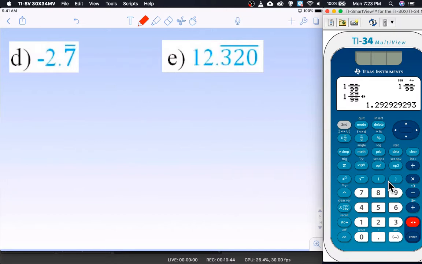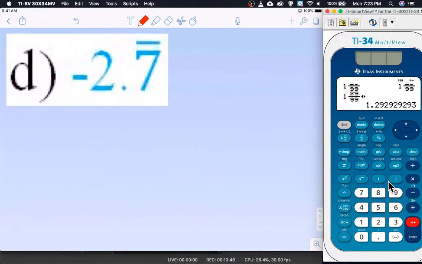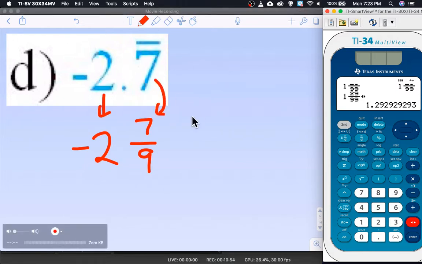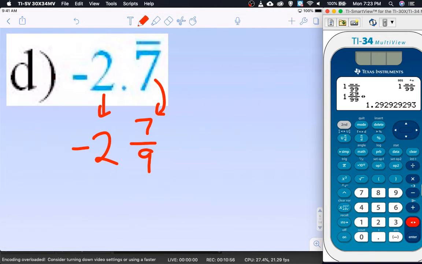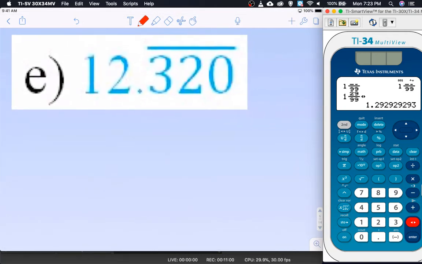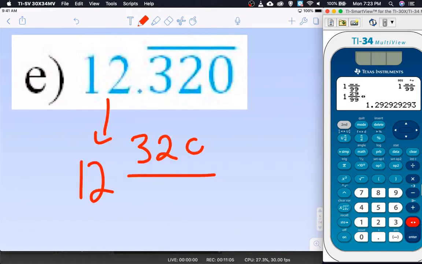All right, so you should have got -2 and 7/9. There's my whole number, there's my numerator, there's one number being repeated, so I get 1 9 in the denominator. Boom, that's it. You should get 12 and 320 over 999.